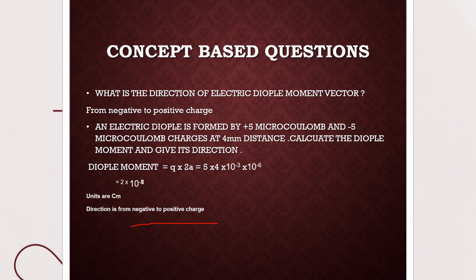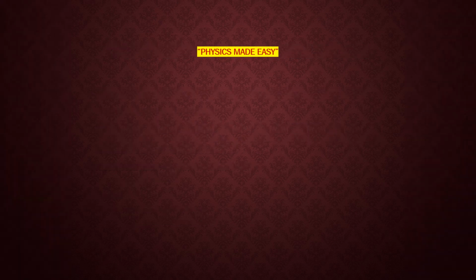About the dipole moment, we are aware of the formula that dipole moment is equal to the product of the magnitude of either charge multiplied by the dipole length. So we can do the calculations and get the final answer, and the units can be represented in coulomb meter.